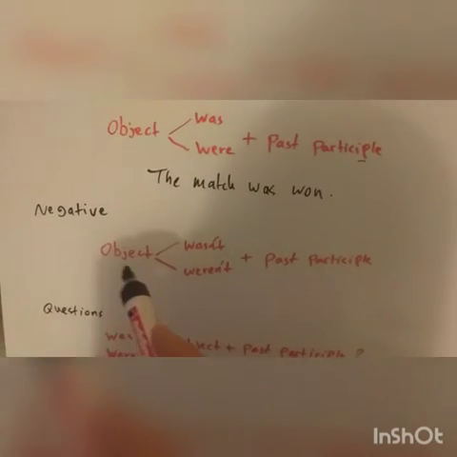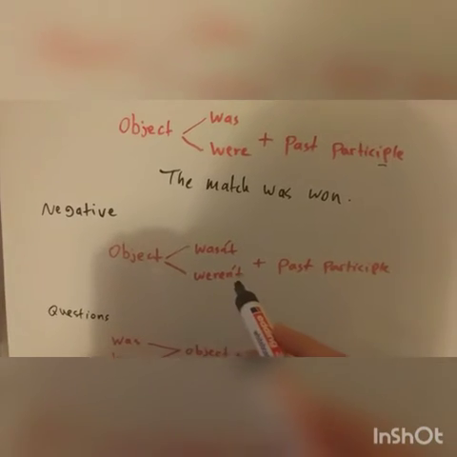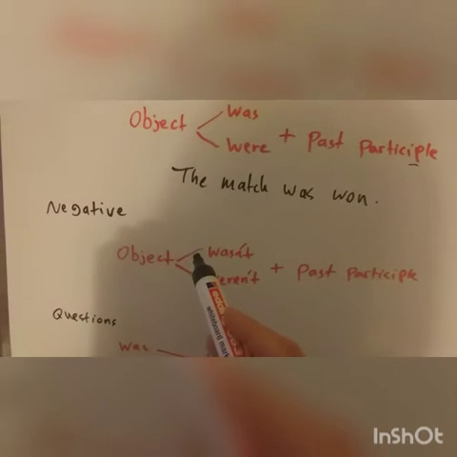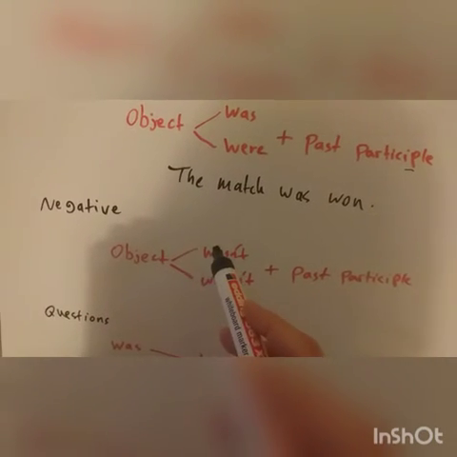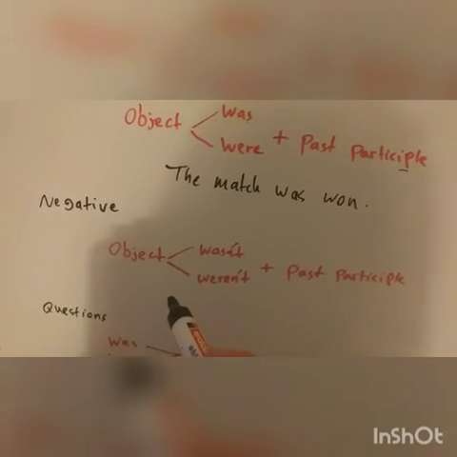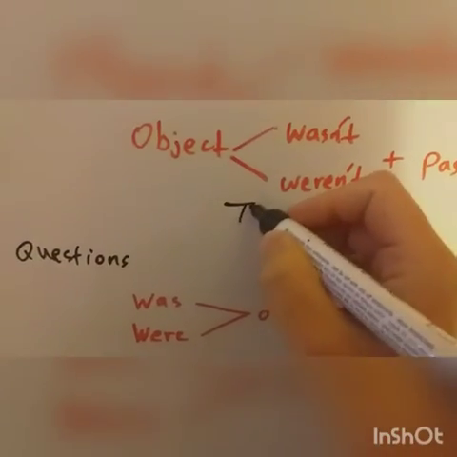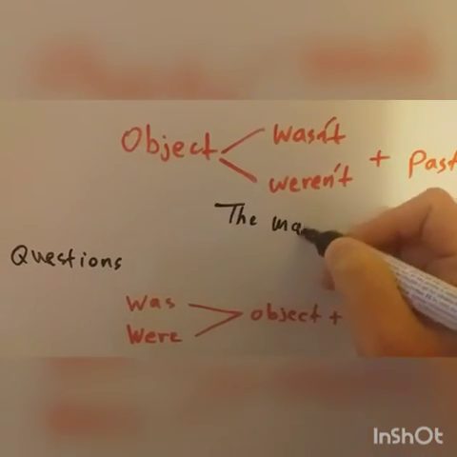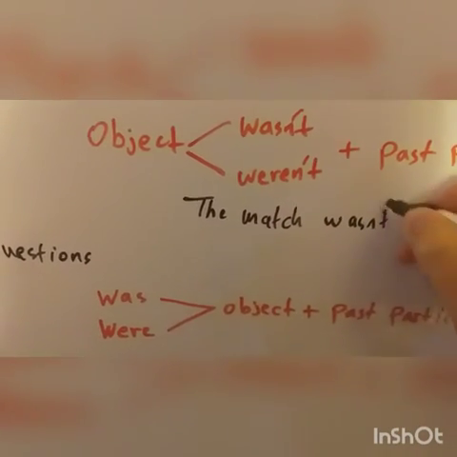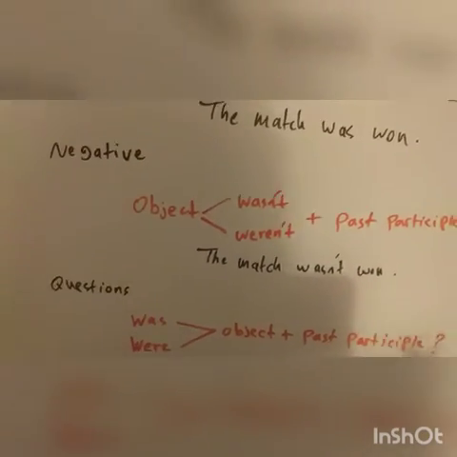In the negative, we start with the object, then wasn't or weren't, and the past participle or verb 3. With the pronouns I, he, she, it, we use was, and with the pronouns you, we, and they, we use were or weren't. The match wasn't won by us or by them.